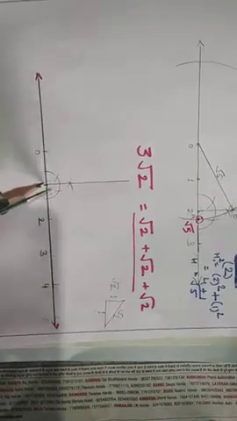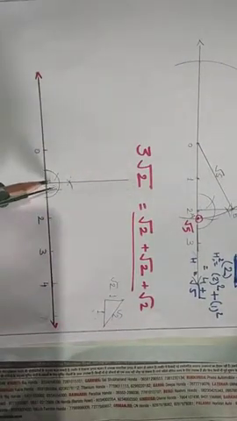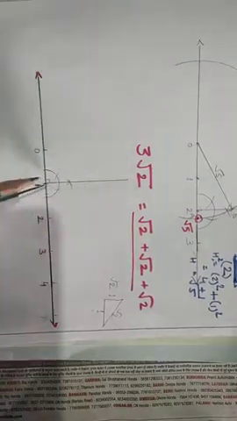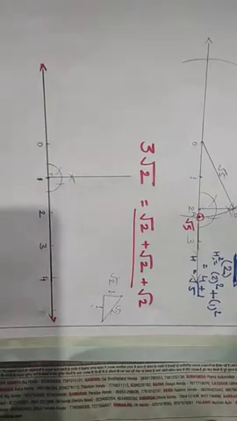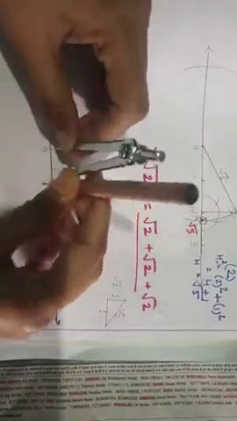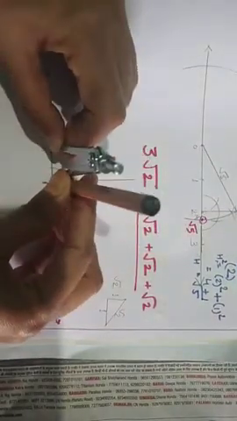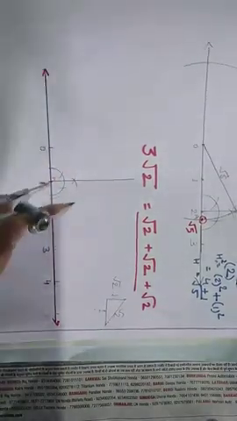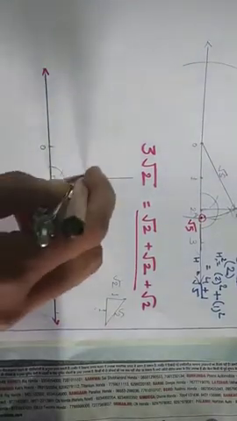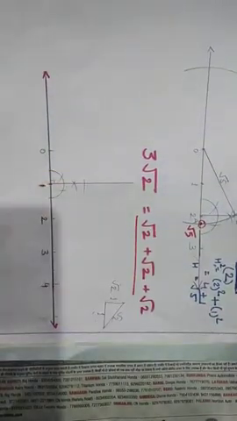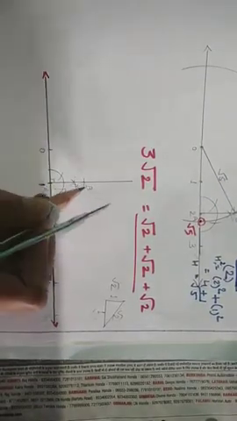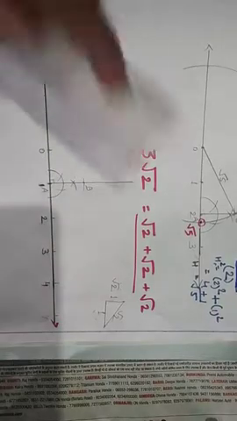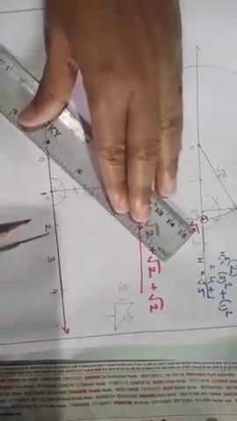So this is the right angle, or we can say it is a perpendicular. Now on this perpendicular we will take 1 unit and cut an arc, 1 unit distance as we have taken earlier. So this point is B, this point is A, and we are going to join O to B like this.